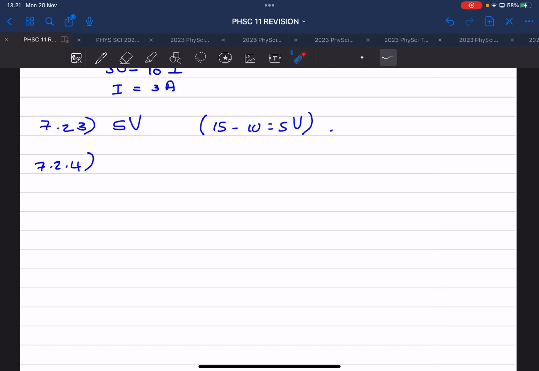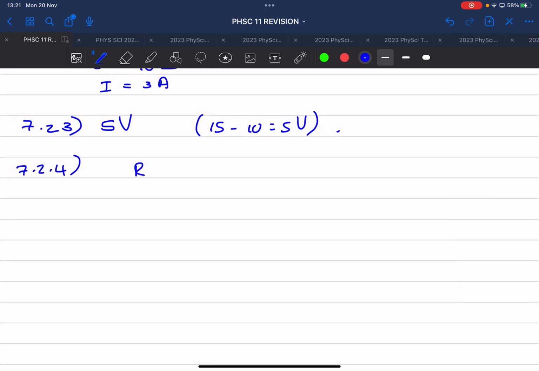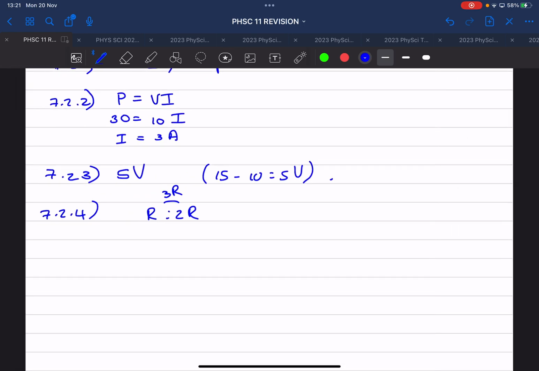Okay, so we know that we have R versus 2R. So together that gives you 3R. Okay, so jy het 1 oor 3 en 2 oor 3. 1 over 3 and 2 over 3.